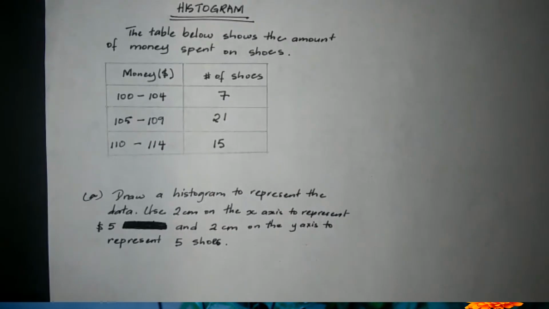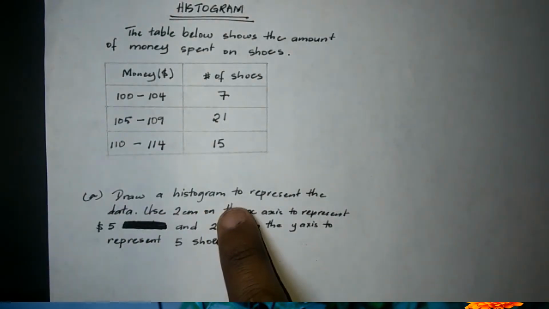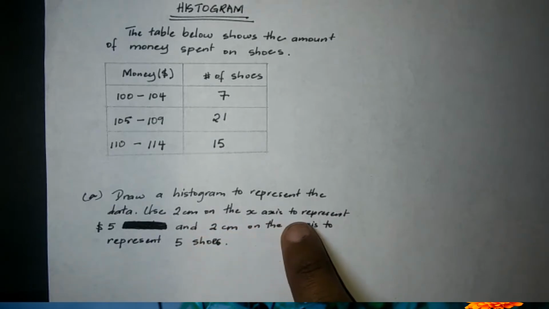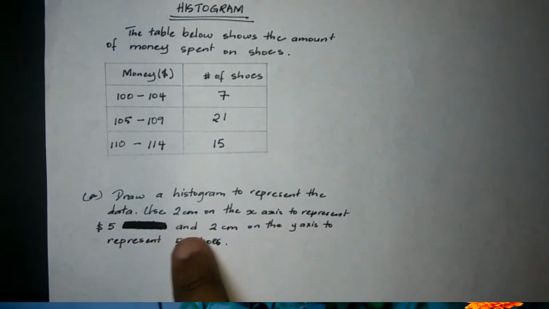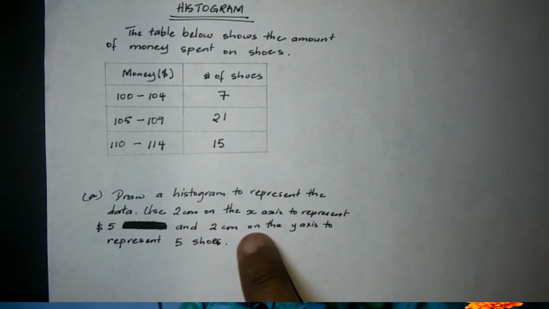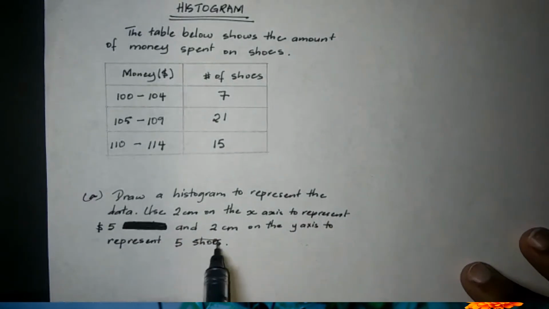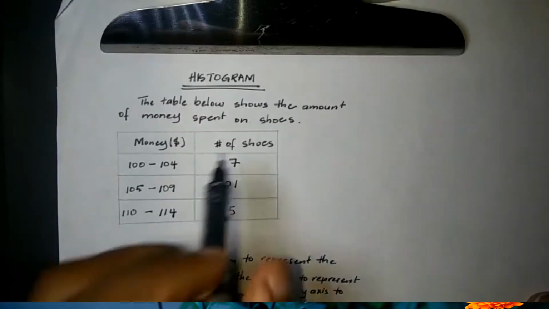The question says, draw a histogram to represent the data. Use 2 centimeters on the x-axis to represent $5 and 2 centimeters on the y-axis to represent 5 shoes. This really should be persons, right? And up top really should be persons.